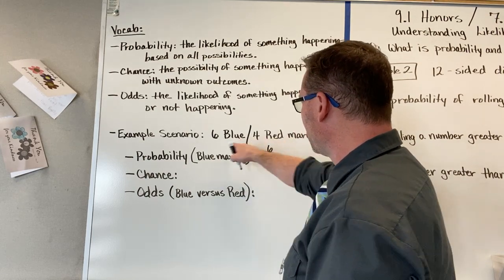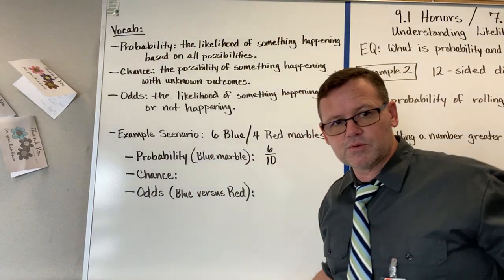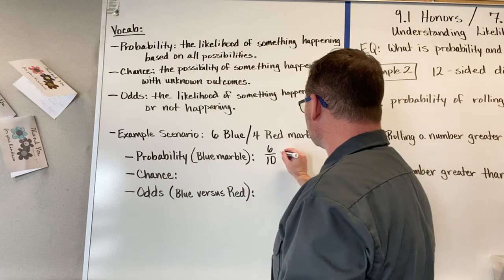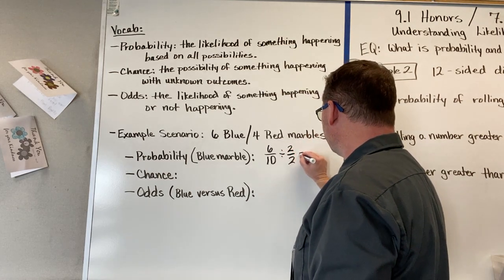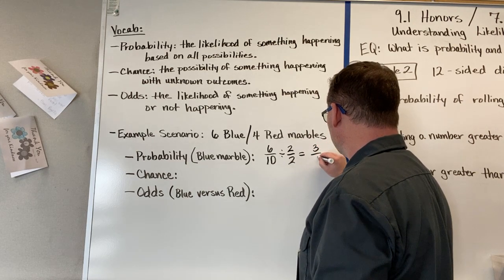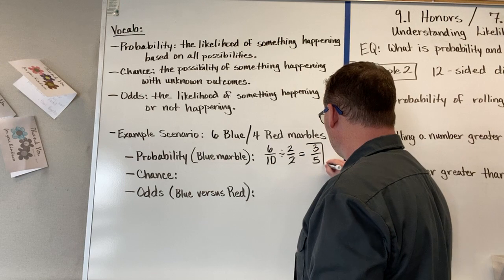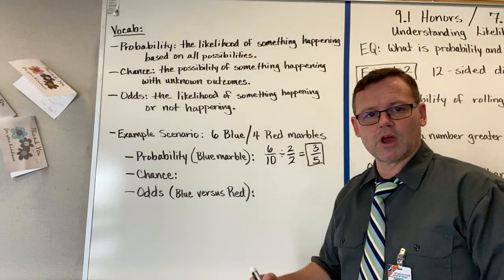Because there are 10 marbles altogether, 6 plus 4, 10 marbles. And then we need to reduce this, okay guys? So we would divide both by 2 over 2 and find out that our actual probability is 3/5.